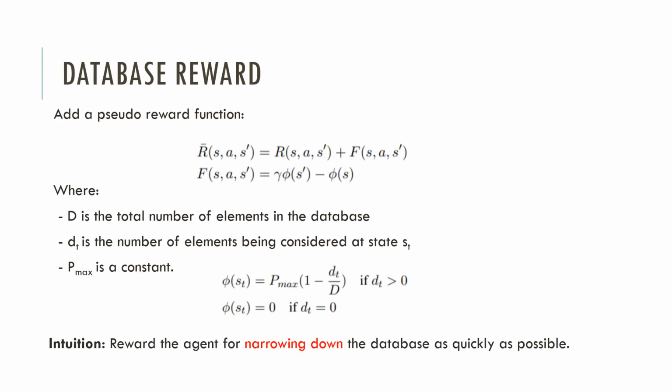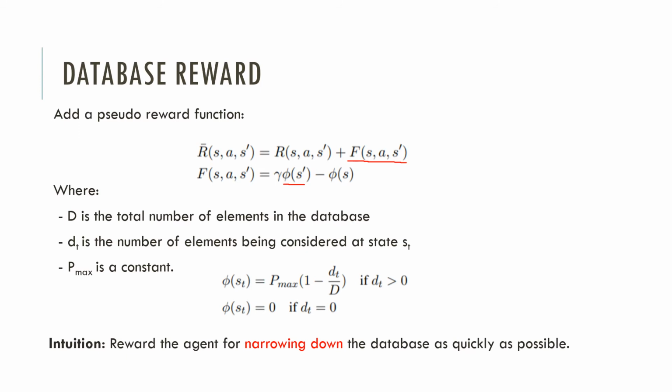Now, the way we want to engineer a database is in such a way to help our algorithm converge faster to the correct element. The way we'll do this is by introducing a pseudo reward function F and adding it to the end of the standard reward function. F is defined in terms of the potential function phi here. Now, what is the potential function?